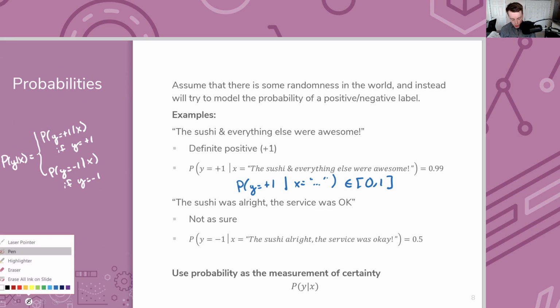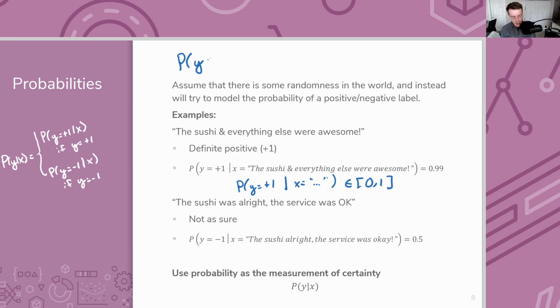One other thing that's good to note is that the probability that y is equal to +1 given some input x, plus the probability that y equals -1 given some x, must be equal to 1. In this case where we only have binary options, it's either positive sentiment or negative, the probability of seeing positive plus the probability of seeing negative should be equal to 1.